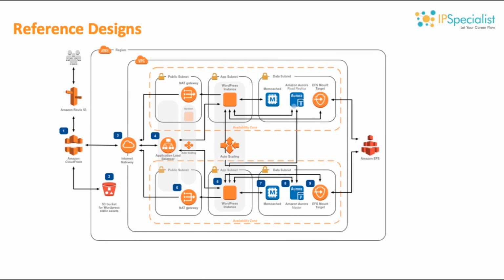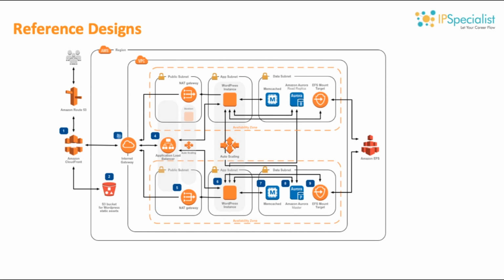But if you develop this kind of an architecture in the form of code via Terraform, this will be a one-time activity. Later on, if you have another customer that is willing to deploy WordPress based on AWS reference architecture, the same code can be replicated by changing the variables. So it makes your life very, very easy.